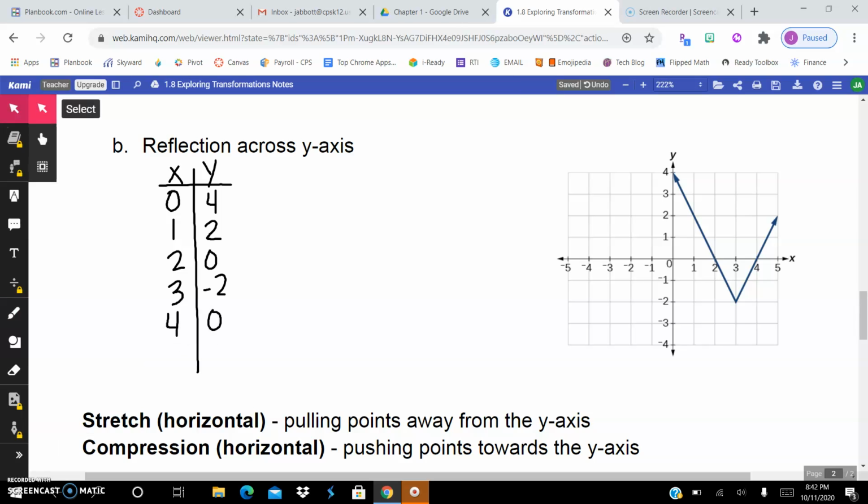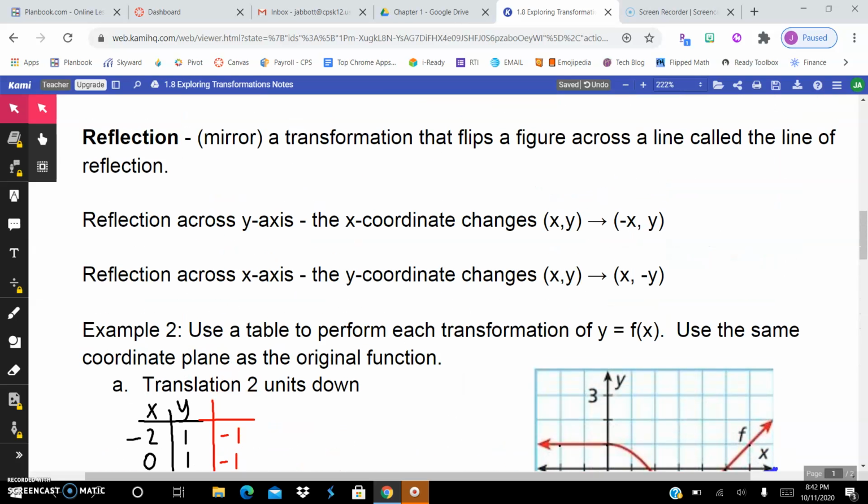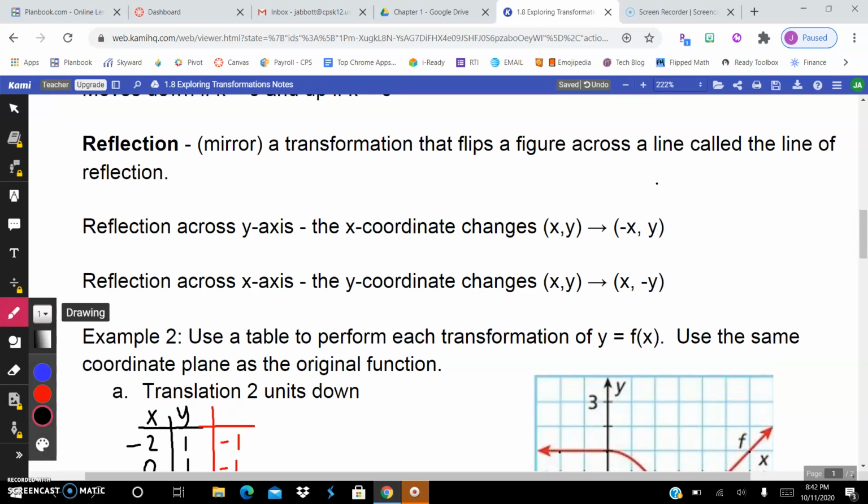And if I go back to the rule, the reflection across the y-axis right here says that my x coordinate changes, and looking right here, the x value just becomes opposite.